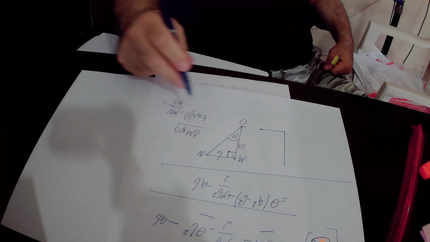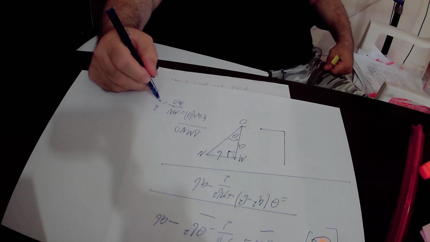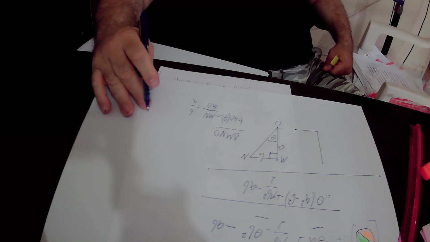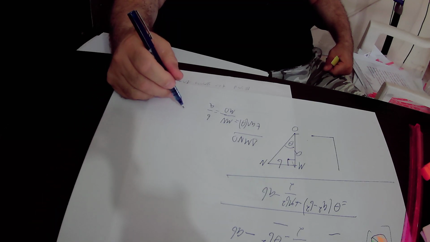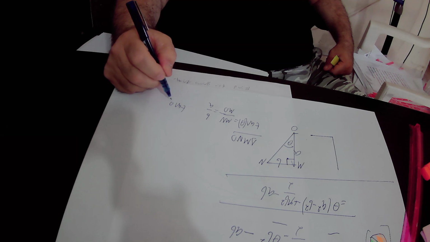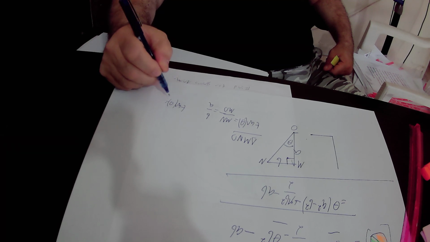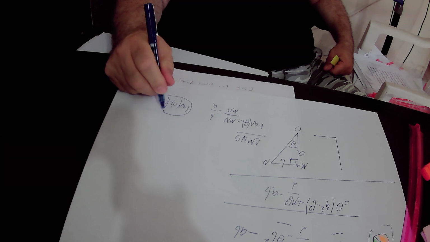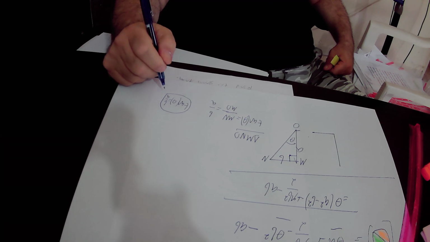Here MN equals B and MO equals A, so in conclusion we found out that tangent theta equals B over A, but we are looking for theta itself.